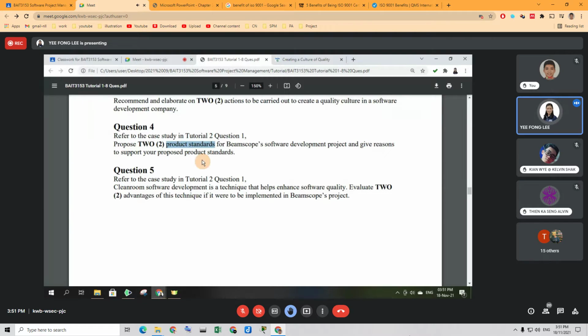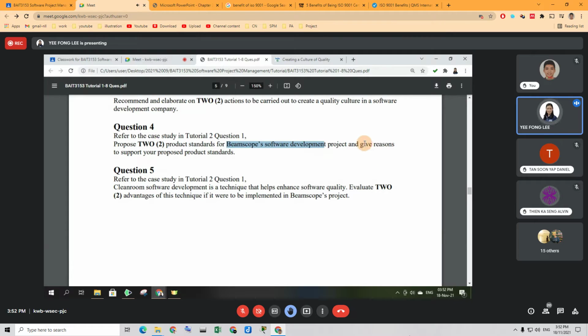After that, what you need to do is propose 2 standards. Our example there is without description, so you have to find out what the content is. Again, you need to do reading. Online research. Find out what the content is, and propose 2 suitable product standards to be applied for BIM scope.